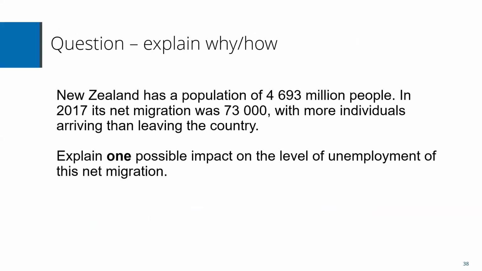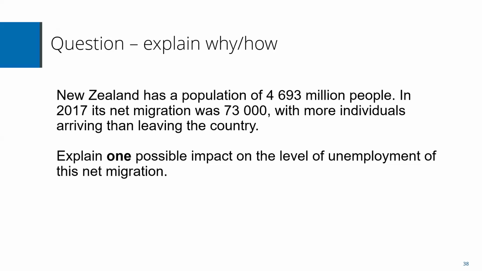So here's a question for you on the slide. New Zealand has a population of 4.693 million people. In 2017, its net migration was 73,000, with more individuals arriving than leaving the country. Explain 1 possible impact on the level of unemployment of this net migration.